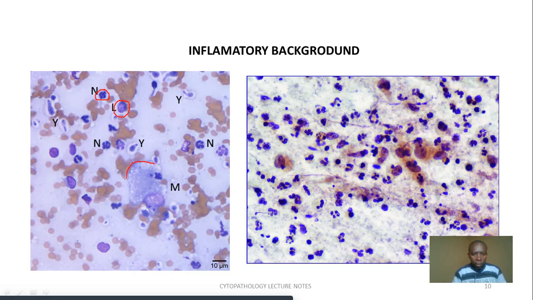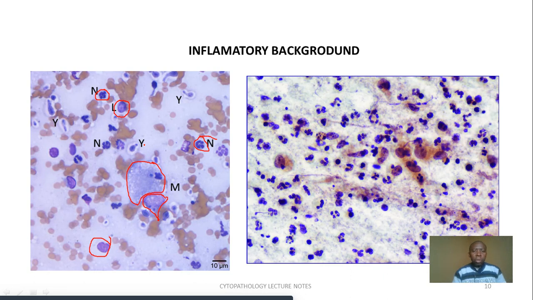We can see even a large macrophage here. There's a macrophage here, and another macrophage right here in this background, and then very many neutrophils. We have a neutrophil here, and then we have another lymphocyte around here, and many other cells.